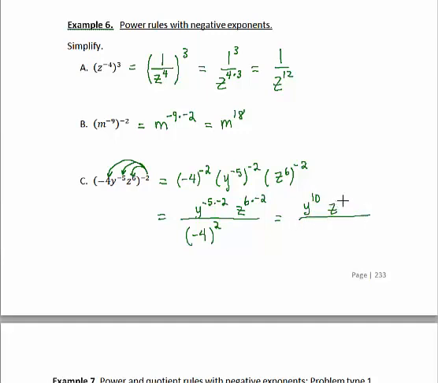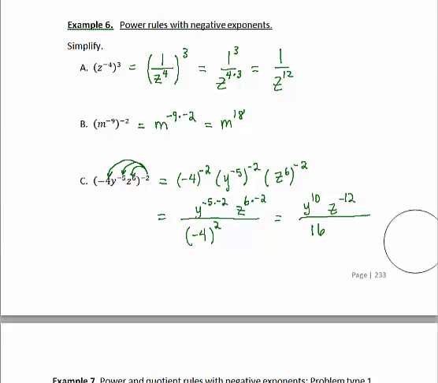For the z, we end up with a -12. And then if we square -4, okay, there's no negative exponent here anymore. If we square a -4, that would be a positive 16. Minus times a minus is positive, and 4 times 4 is 16.